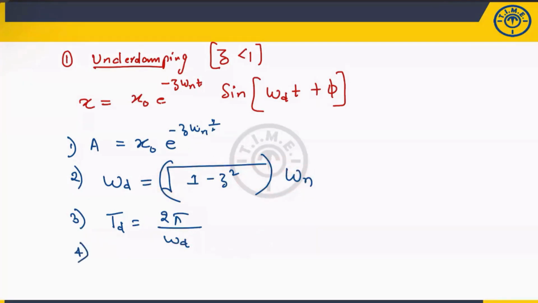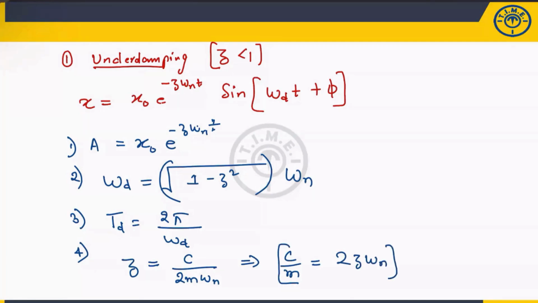The fourth one is the zeta value, which you can calculate using the relation discussed previously: zeta is c by 2m omega n, or you can also write c by m equals 2 zeta omega n.